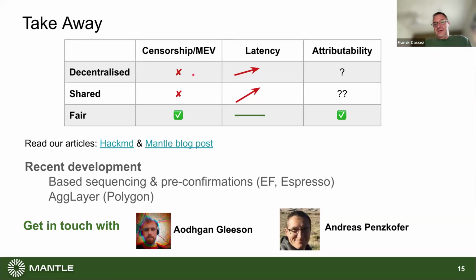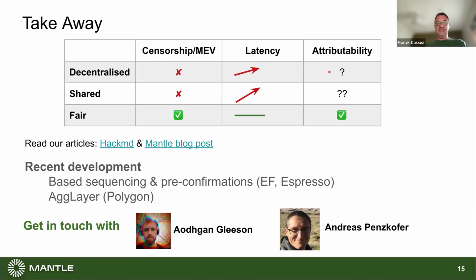It doesn't protect from MEV, because they could also say, you're going to front run and back run these kinds of transactions. The latency in terms of delaying the transactions reaching the execution goes up. You've got communication and a few rounds of BFT protocols going around. And attributing the fault is also not something that's very easy. There's some research at the moment on not only slashing, but rewarding the participants in a decentralized sequencer approach.